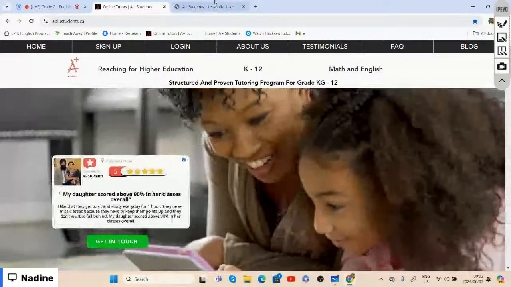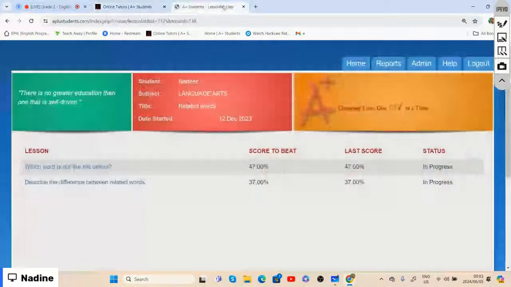And then we're going to scroll down until we get to our chapter of related words. All right, so our chapter is related words.